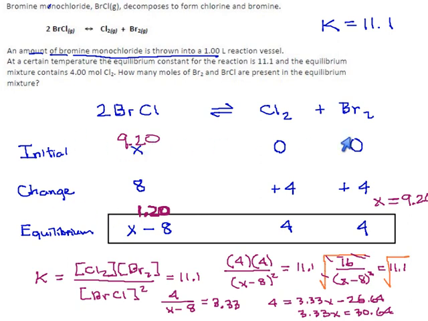You have the amount you started with, the amounts that were created or consumed, and then this is like the total row where you combine the I and C. So here we started with X, we used up 8. There's our new total. On this side, we started with none, we're making 4. There's always one side where you're going down and subtracting, and another side where you're going up and adding.